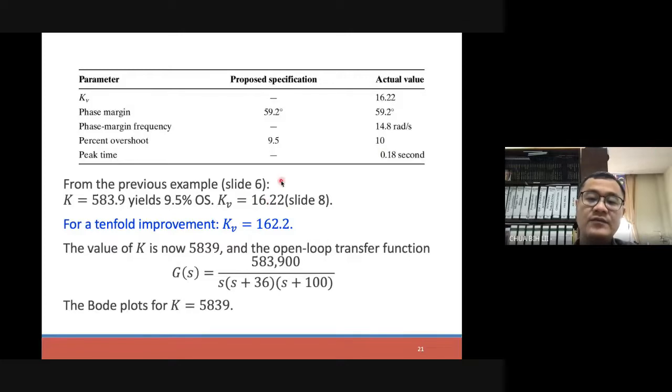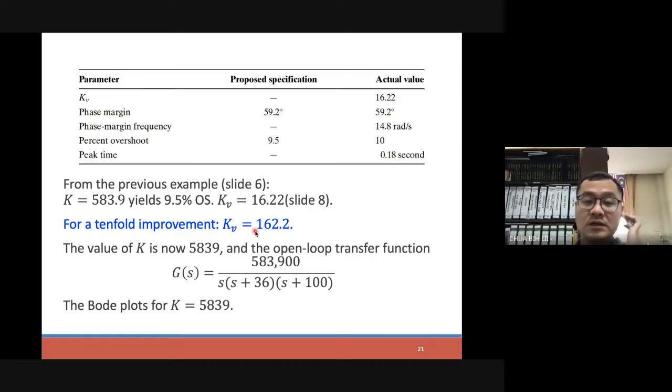Then from that 16.22, we want to improve 10 times. So what you do is multiply by 10, and now it becomes 162.2.